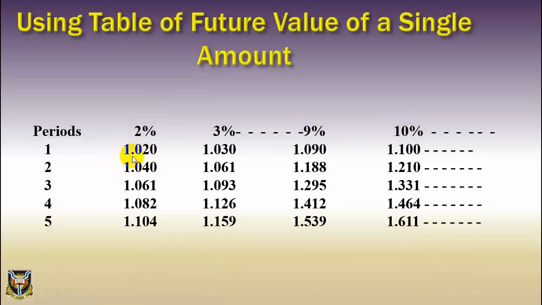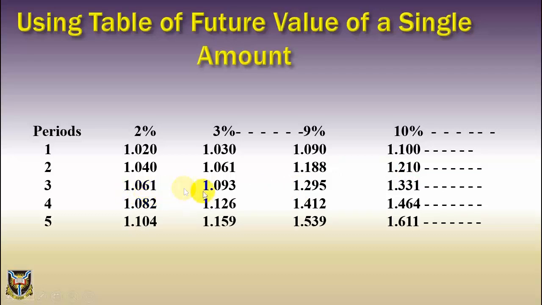Period 1: 1.020 at 2%, 1.030 at 3%, 1.090 at 9%, 1.100 at 10%. Period 2: 1.040 at 2%, 1.061 at 3%, 1.188 at 9%, 1.210 at 10%.